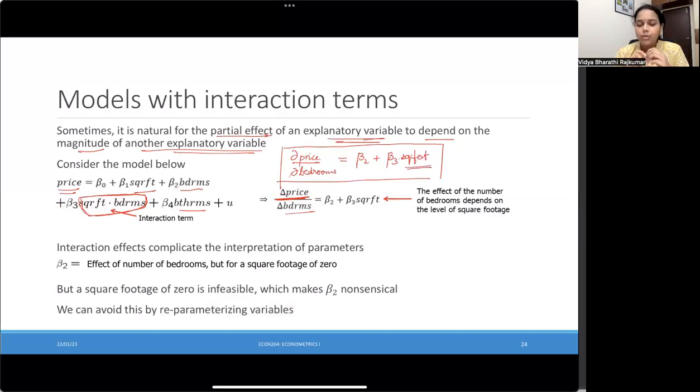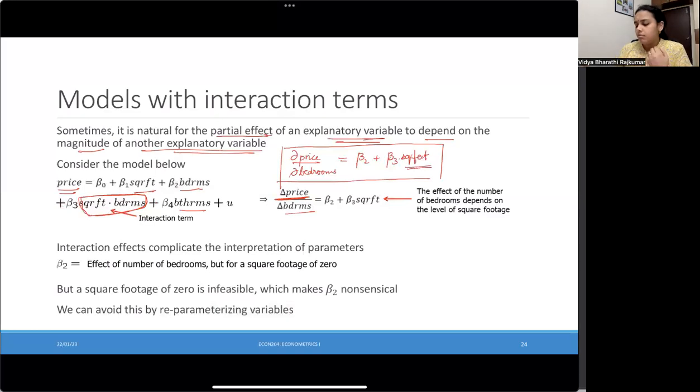The particular issue we're concerned about here is how we interpret the numbers beta 2 and beta 3 and how we think about the significance attached to those numbers. So let's think of beta 2.